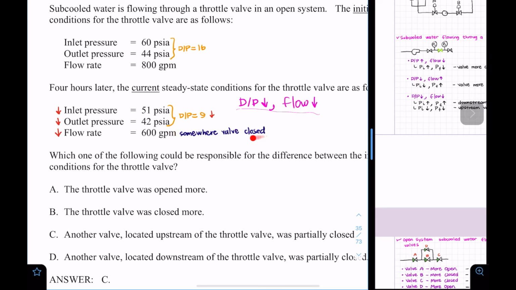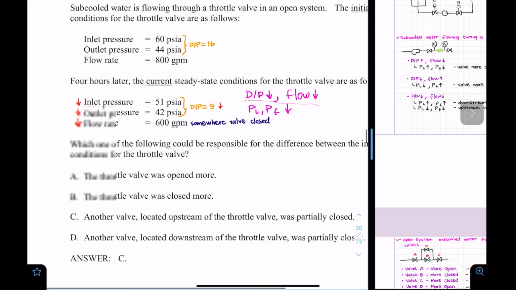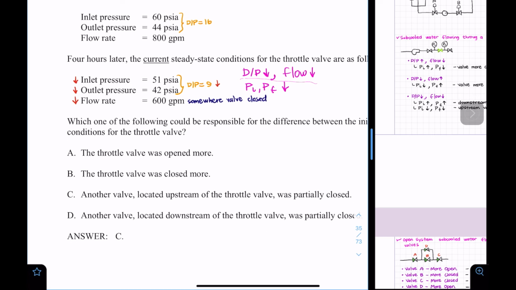Since I know that the flow decreased, I know that somewhere a valve was closed, but I know that it was not the middle valve because this one's going the same direction. So since my pressure inlet and outlet decreased, pressure in and pressure final decrease, so that means that I know my upstream valve was throttle. This direction is telling me, okay, it's the upstream valve that was throttle.